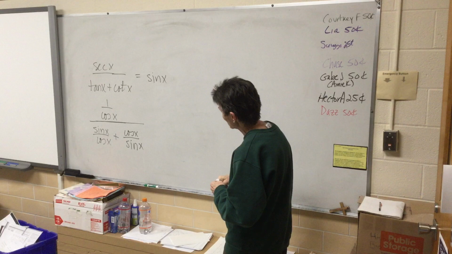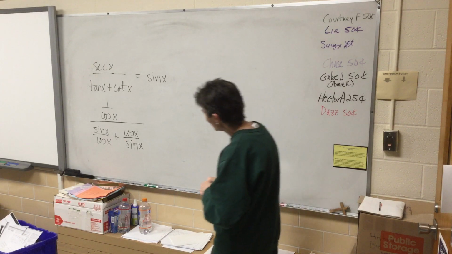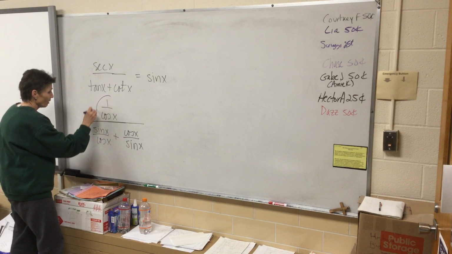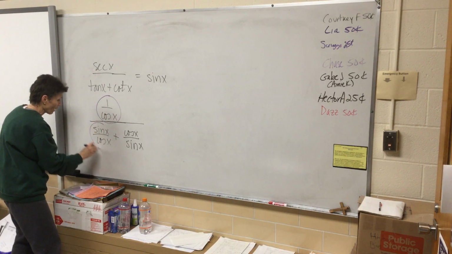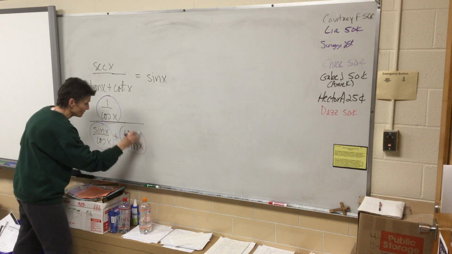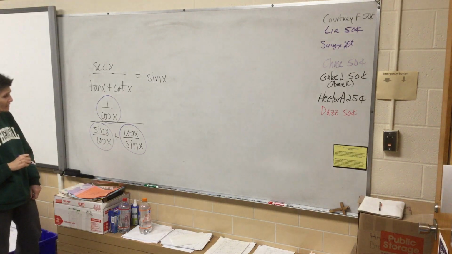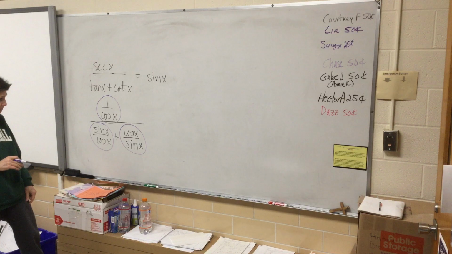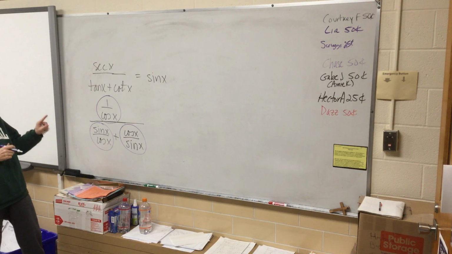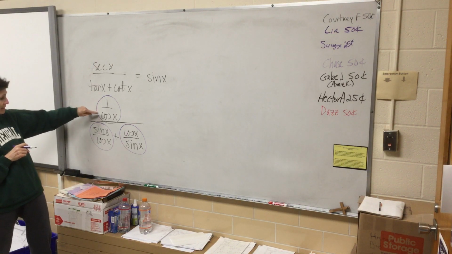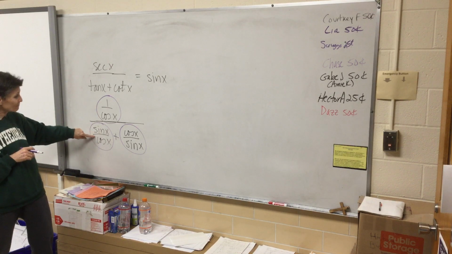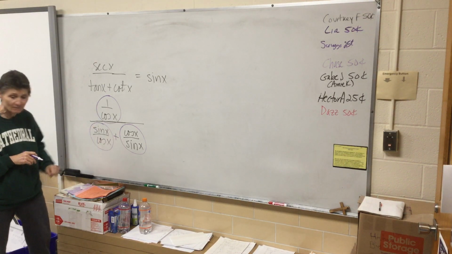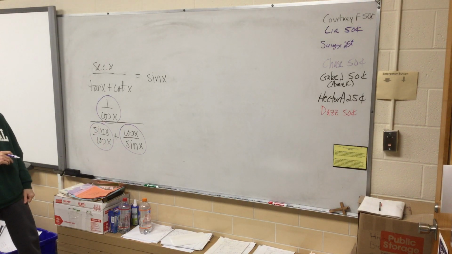It takes a long time and a lot of space. So instead what I'm going to do is look at all of these individual fractions. There are 3 individual fractions in this big complex fraction. What would the common denominator be for these individual fractions? If you were going to get a common denominator for all of these purple circles, what would it be?